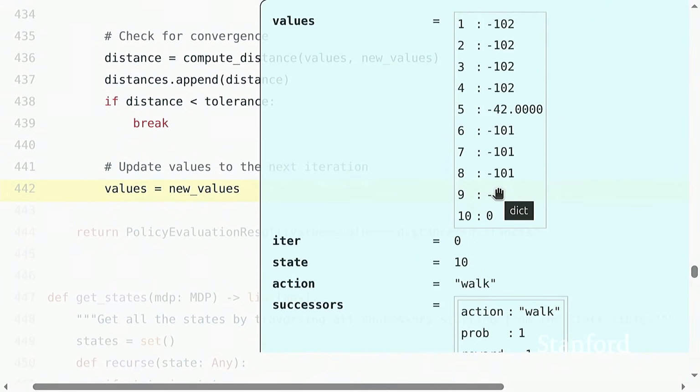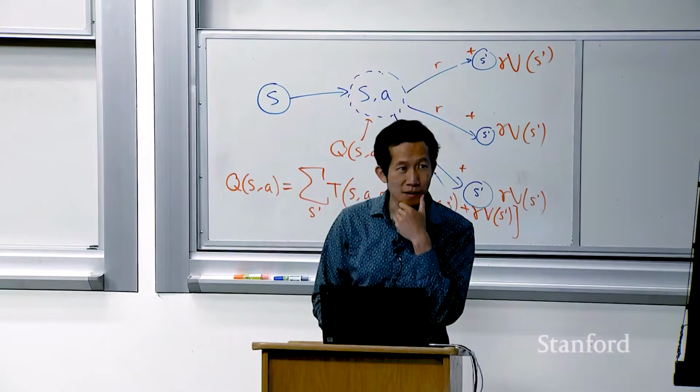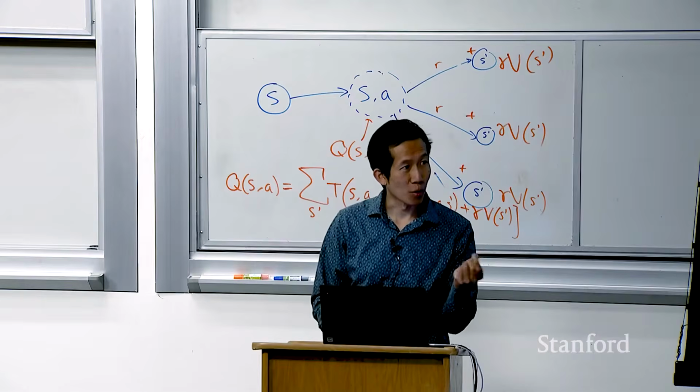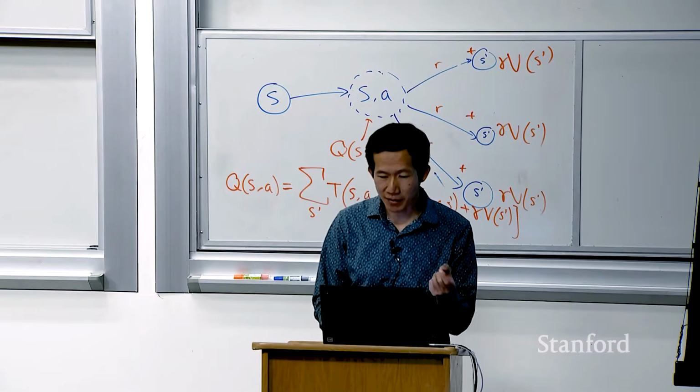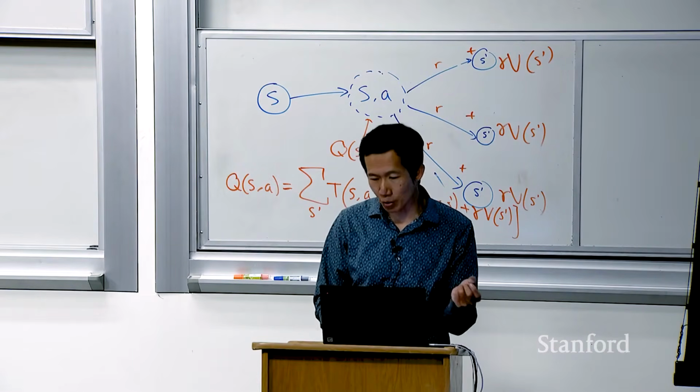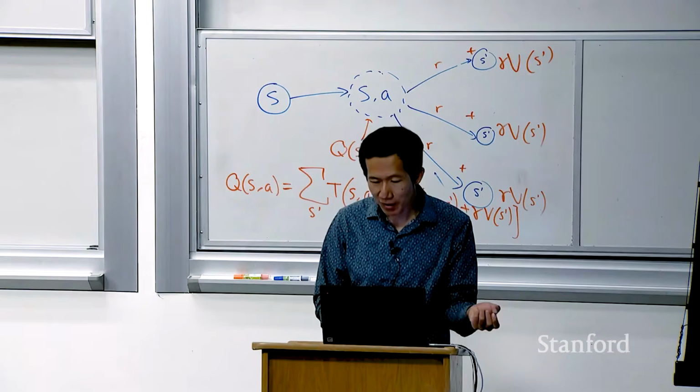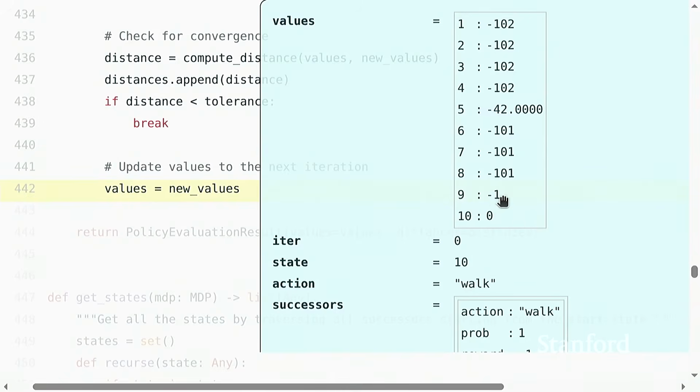What does that correspond to? That corresponds to walking. If you're in state 9, you can take a walk, get a reward of minus 1, a cost of 1, and you end up in state 10, and you're picking up the 0 from before.